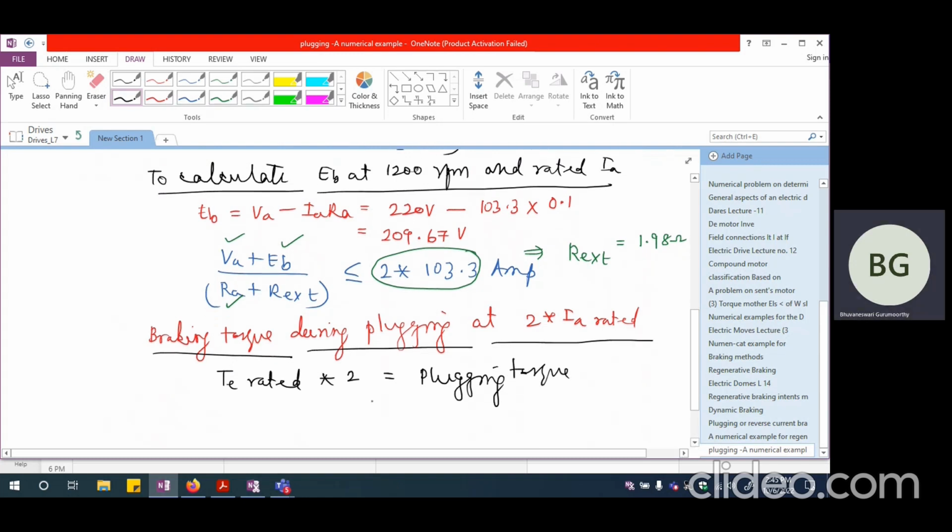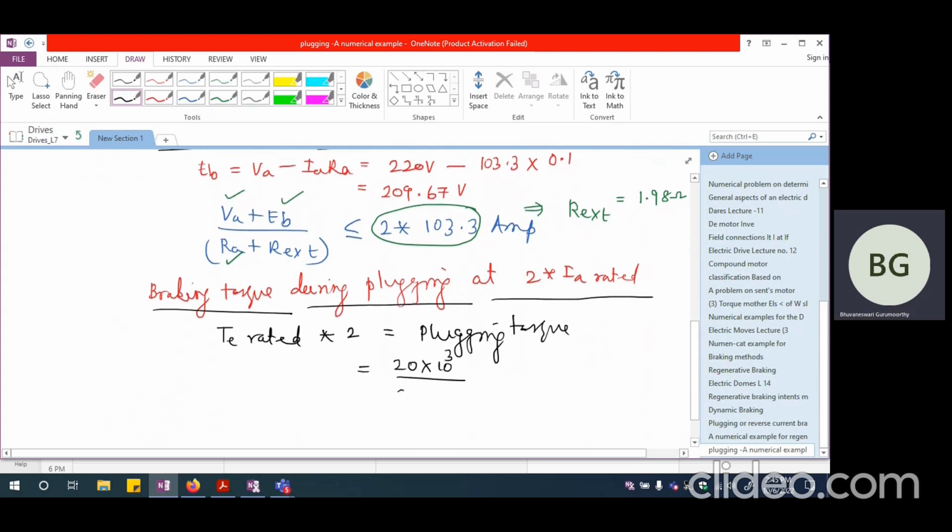So that can be calculated as, so rated torque is 20 kilowatt divided by whatever is the speed in radians per second. That is 2 pi multiplied by 1200 divided by 60. So this is going to be the rated torque, and this has to be multiplied by 2.